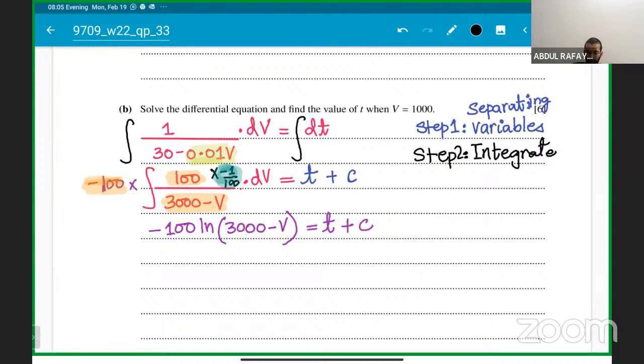Guys, understanding, following, getting it clear? Think about it. Should be clear to everyone, okay?